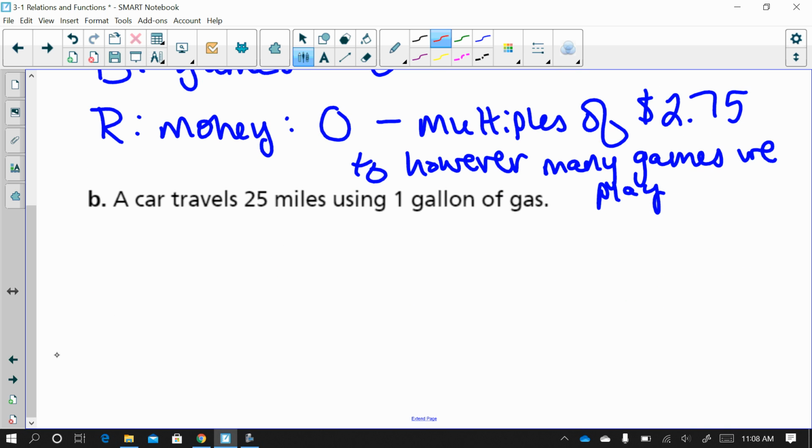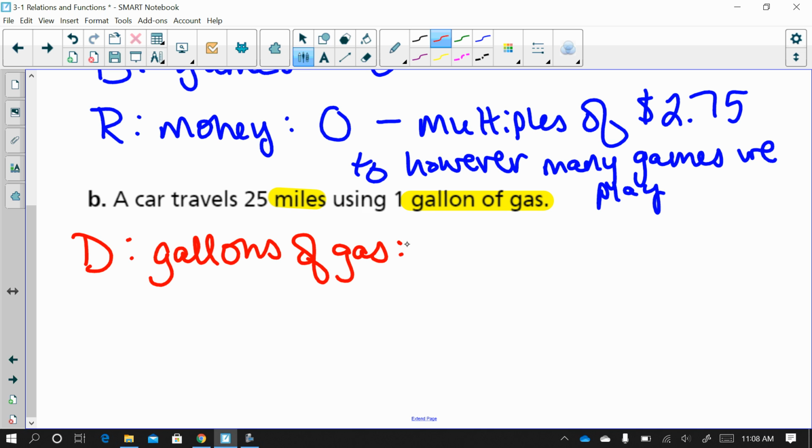Okay, part B, we're talking about a car traveling 25 miles using 1 gallon of gas. So what two things are we working with here? Miles and gallons of gas. So start with the domain. What do you think you would do? Well, the domain would be the gallons of gas, and it would be 0 to however many you buy.